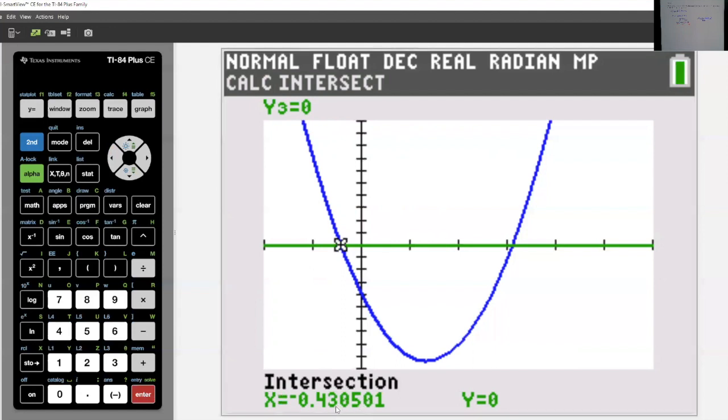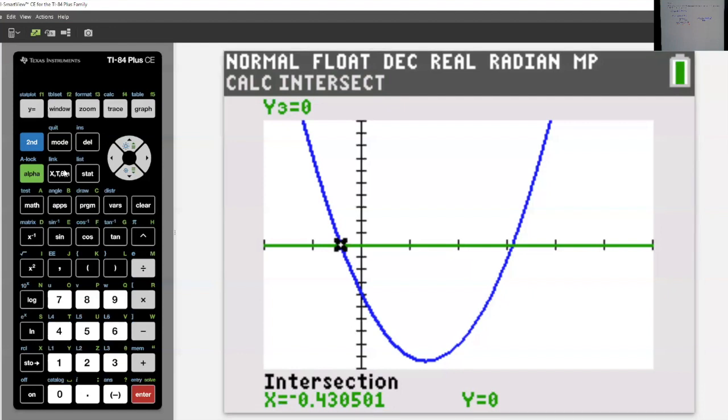Okay, and so this is telling me my intersection is -0.430501. So rounding, that would be -0.431. Now I'm going to go to my home screen and store this value, because we're going to want to use this critical number. We're going to want to put that into the function, and that's also why I typed in for y1 the actual function.